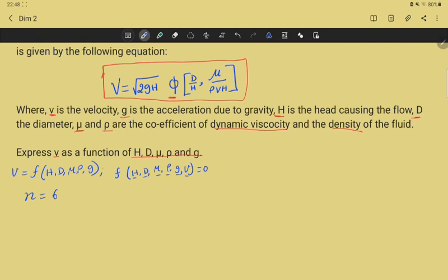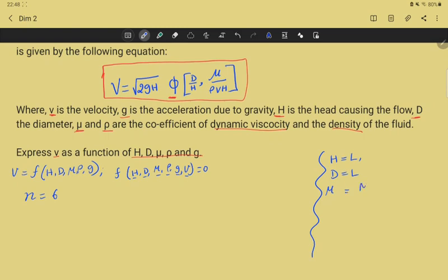6 number of variables. So what I want to know is how many fundamental dimensions are there. So what do we have? Head is nothing but length, diameter is nothing but length, and then mu, what is the dimension for mu?